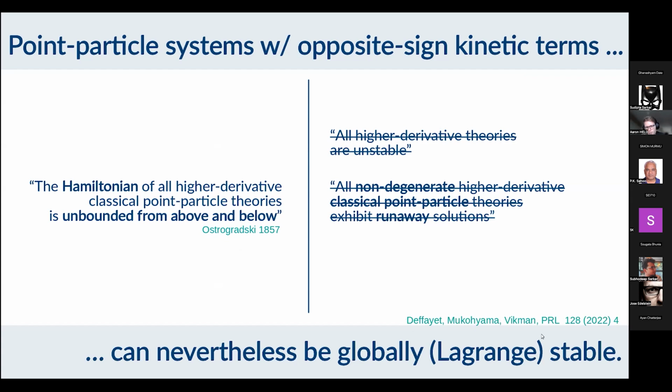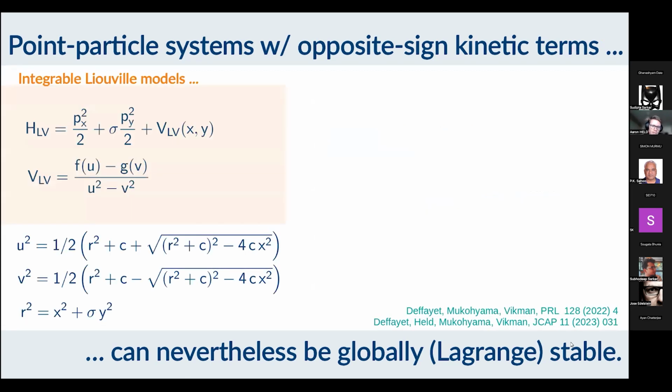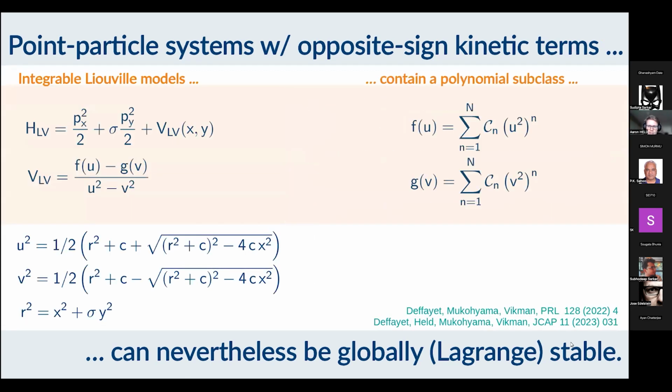This is, to my knowledge, the first example, in a paper by Cédric Deffayet and collaborators. Cédric is in Paris as well, which is part of the reason why I'm in Paris. They can be nevertheless globally stable, by which I mean that any initial data remains in a finite phase space volume. I'm not going to take you through the details, but you can construct even polynomial theories which have the right structure, which are integrable.